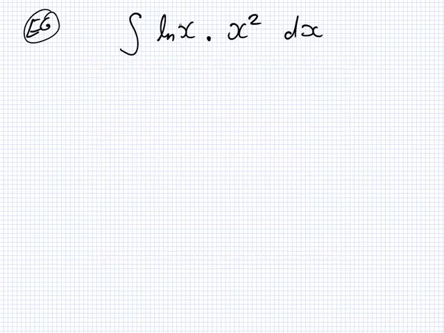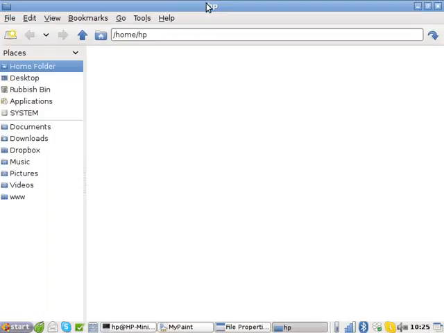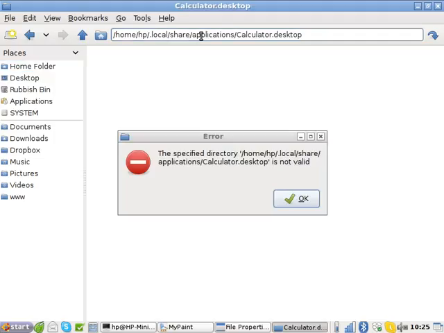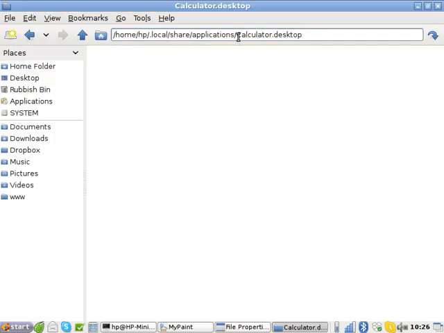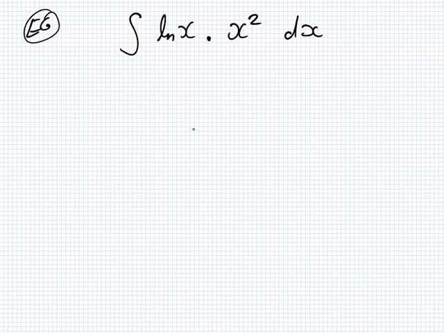What answer did you get? x cubed. Okay, let's have a look.